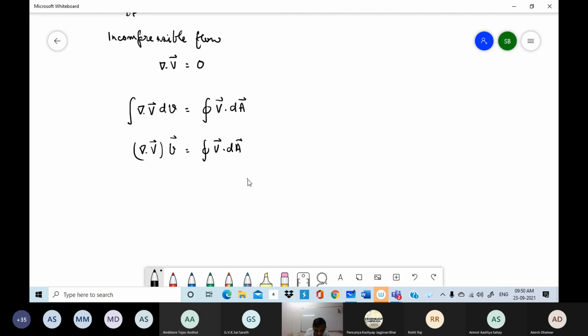Now, V dt dot dA is the rate at which the volume is expanding, because dA is the surface area and V dt is the distance by which the area moves out. So if I'm considering a material surface, then this is the rate at which volume is increasing.